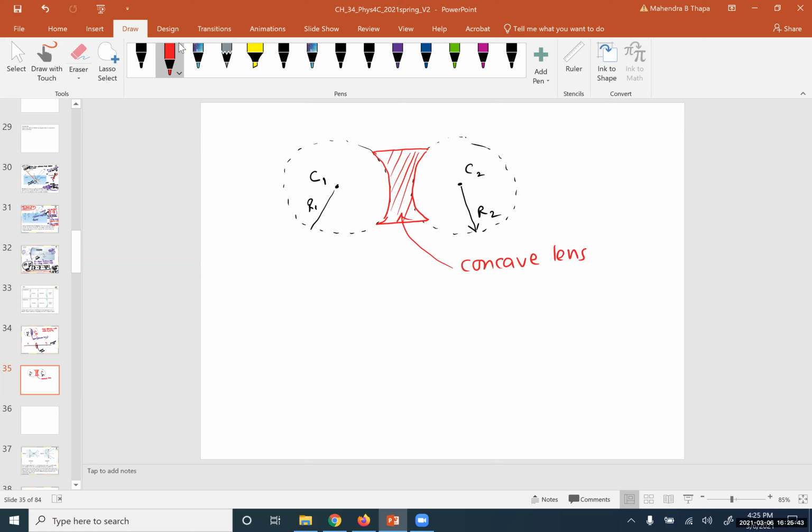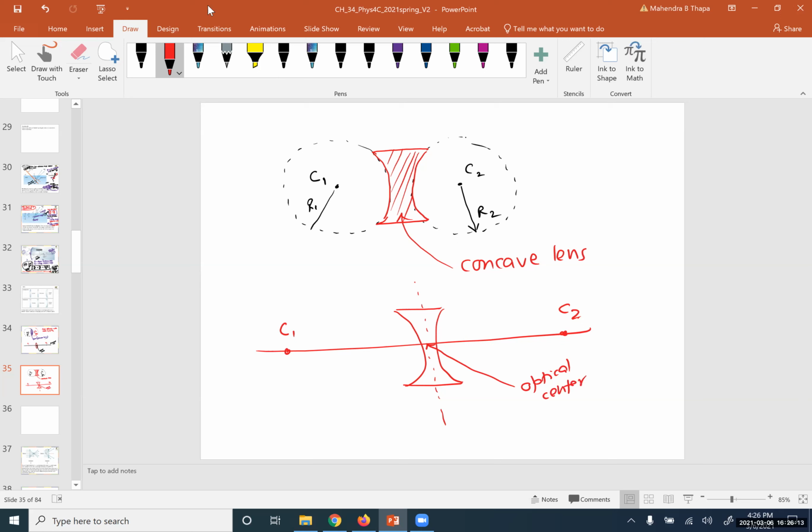So as before, if this is our concave lens and this is the principal axis, which joins C1 and C2, we can consider different scenarios. This point is called the optical center.